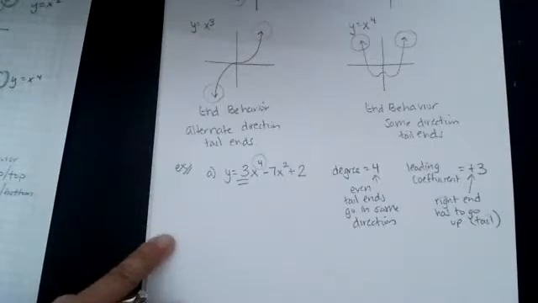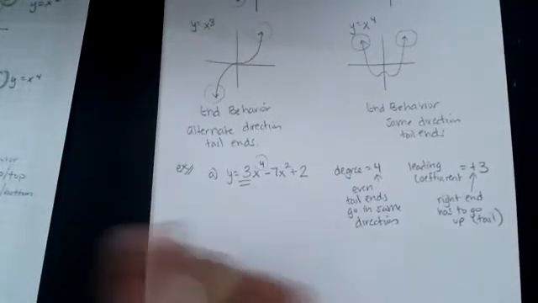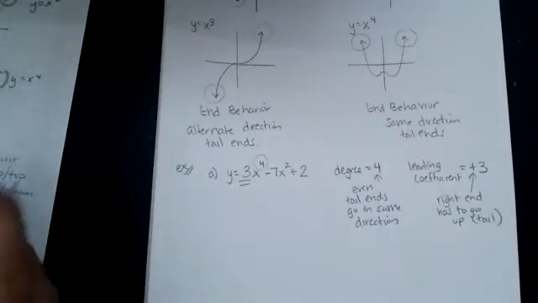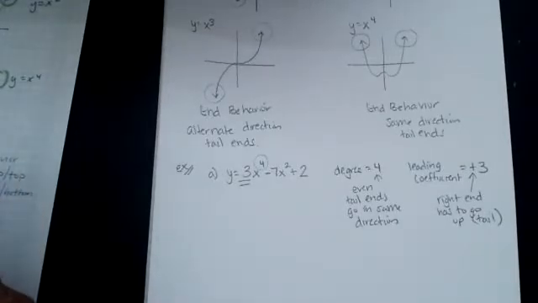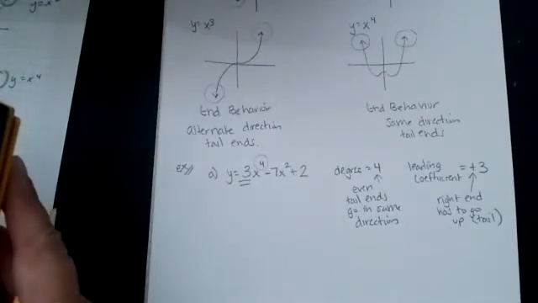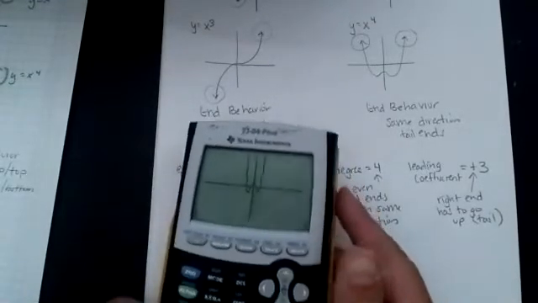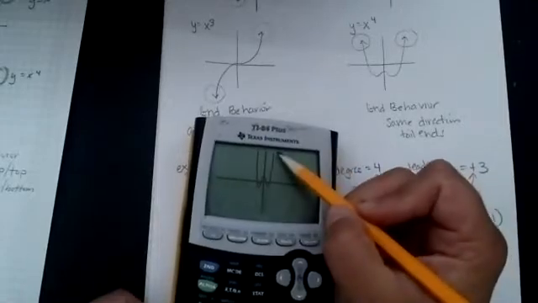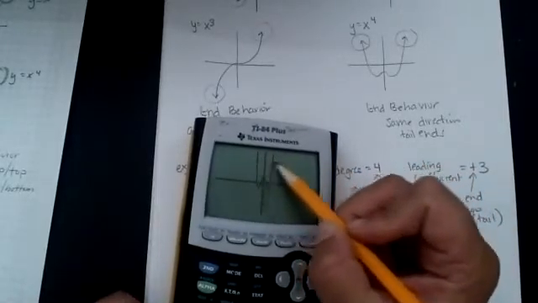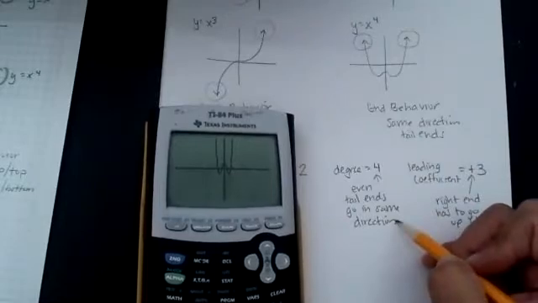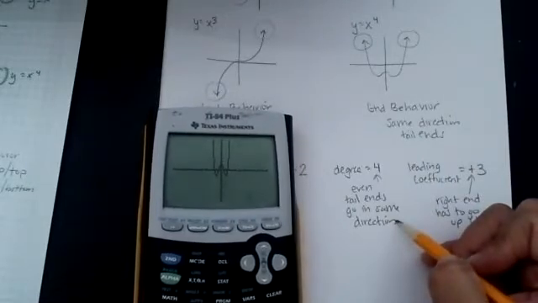Okay, on the tail. I'm going to type this in my calculator right now. So I have 3x to the 4th power minus 7x squared plus 2. I'm going to graph it. So now I'm going to look at my graph. And as you can see, look, it's going up and up. The tail ends are going the same direction, which I knew because the degree was 4, and I said that they had to go the same direction.